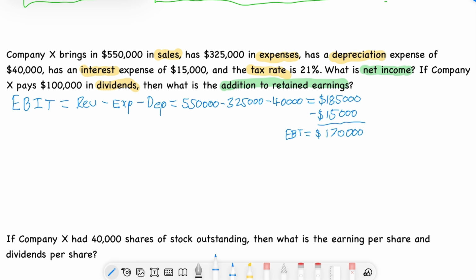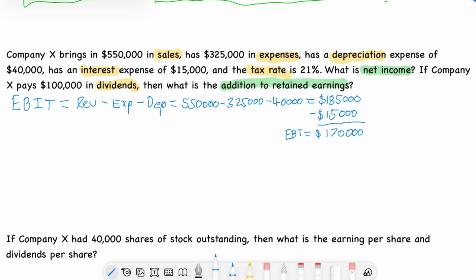Now, depreciation and interest are not taxable. So what the government does is they say, okay, you can subtract whatever you paid in interest and whatever you paid in depreciation from your total income so that we're not going to tax you on that. Now, there's actually not any cash coming out of our account when it comes to depreciation, but we can still get some tax benefits from it.